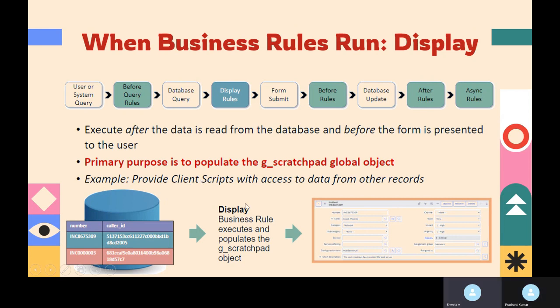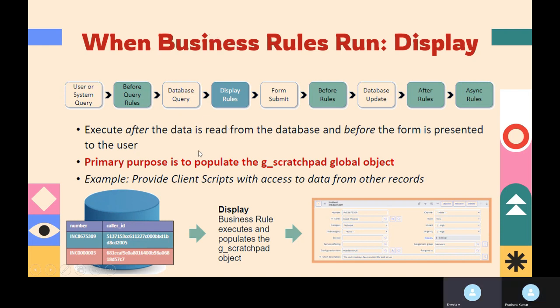So the display business rule executes and populates the g_scratchpad object, and this object is passed to the client script to get the data from other records. This is the main purpose of the display business rule.